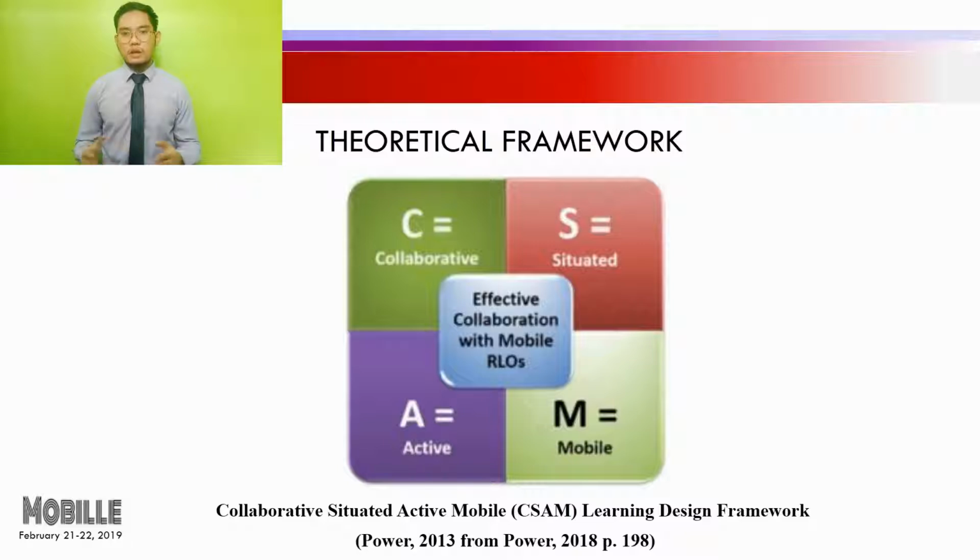First, collaborative. Whatever applications are decided to be used, some sort of collaboration between the learners and the teacher should take place in learning activities. Learning should also be situated in a relatable and realistic context.